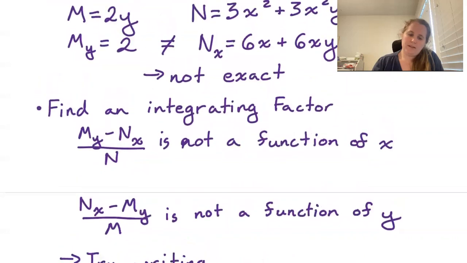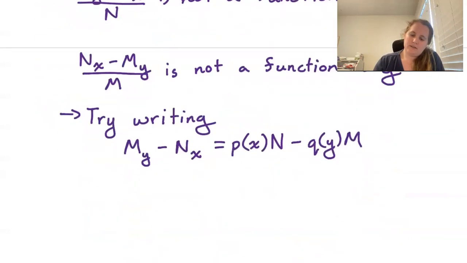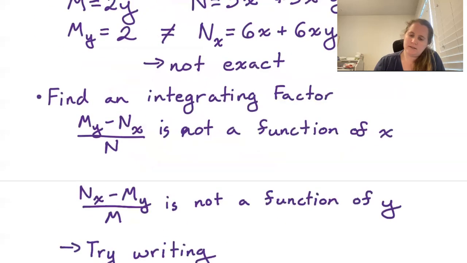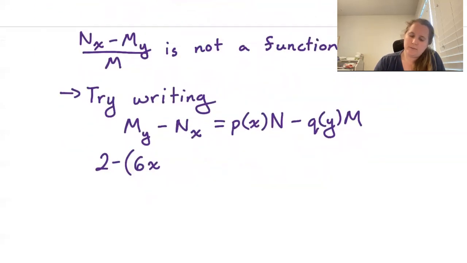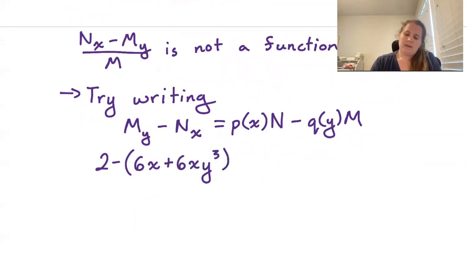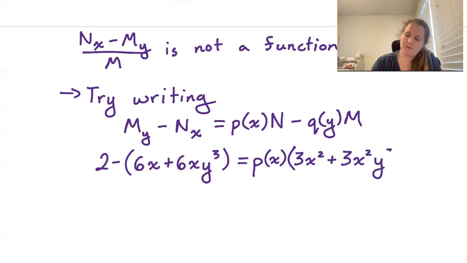So My minus Nx, we are looking at 2 minus 6x plus 6xy cubed. And on the right, we are looking at p of x times 3x squared plus 3x squared y cubed, minus q of y times 2y.